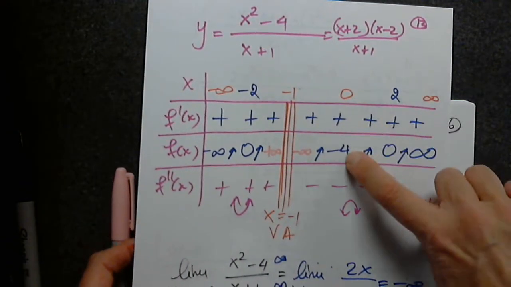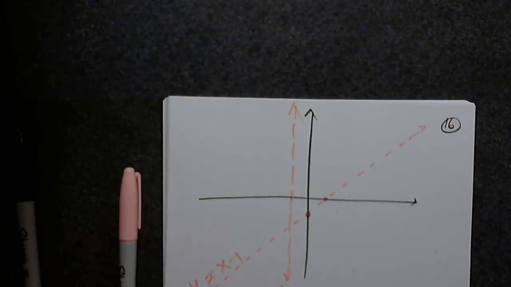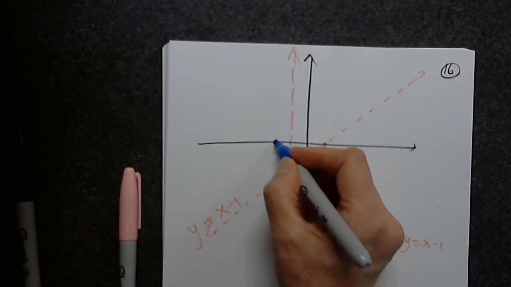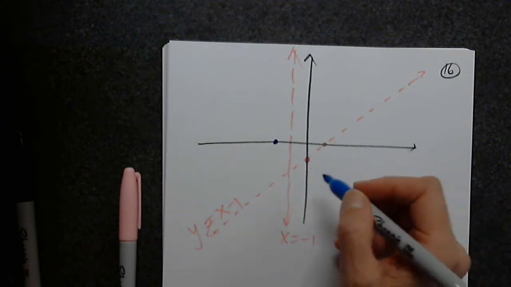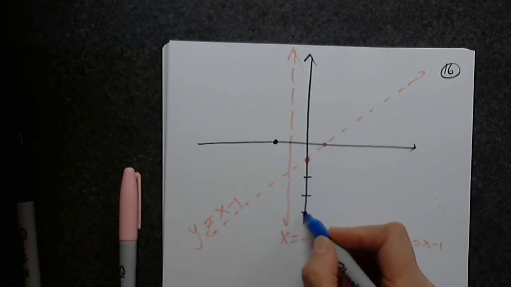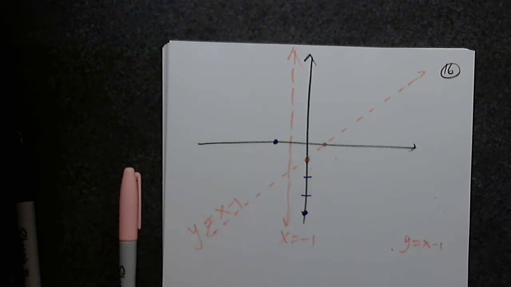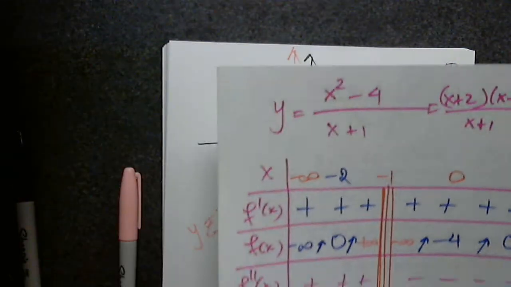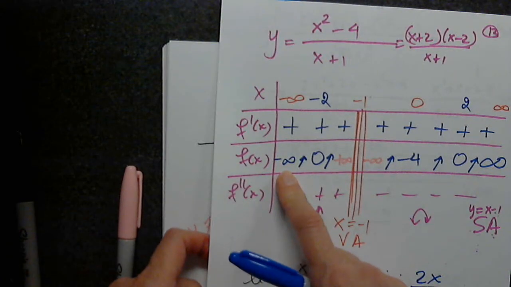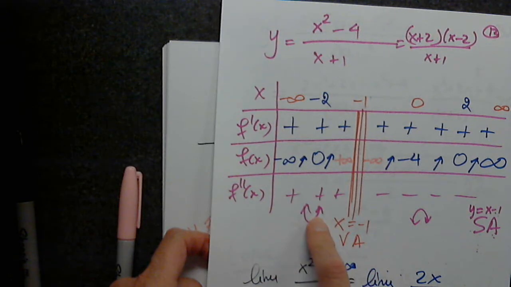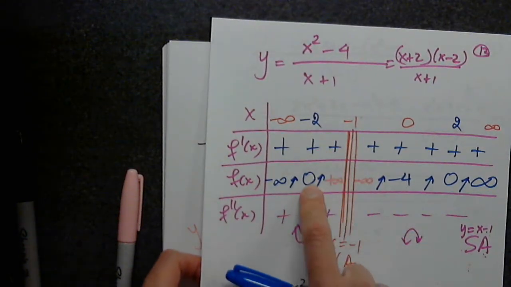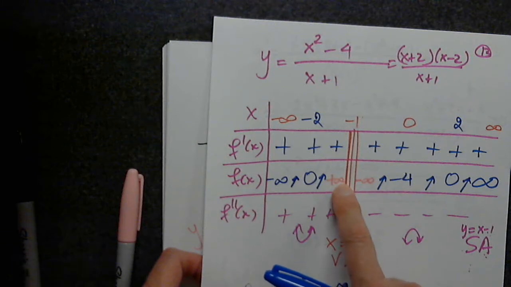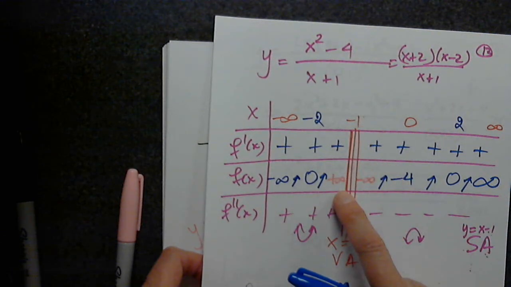Now I go back to my table, and I see -2, 0. I see 0, -4, and I see 2, 0. Ready? So -2, 0. I see 0, -4. 1, 2, 3, 4. And I see 2, 0. Perfect. Now, it's coming from -infinity, opening upward, crossing at -2, 0, going to infinity on the left-hand side of -1.